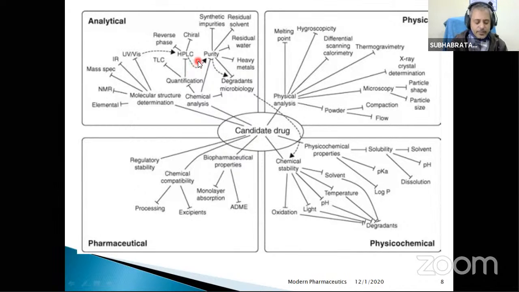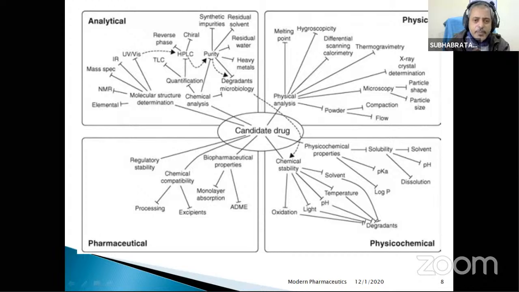Often the formulation scientist who is from a pharmaceutics background may not need to always go for these analytical studies. For that purpose, the company might have employed an analytical department.